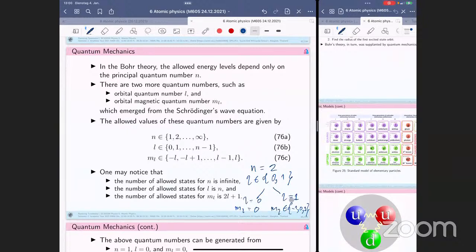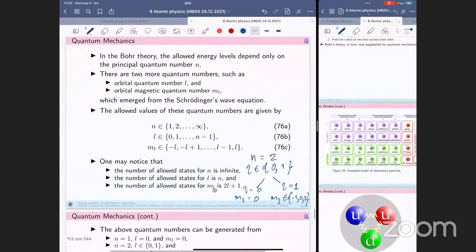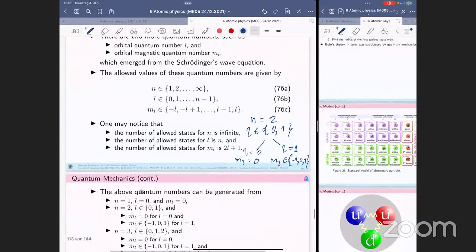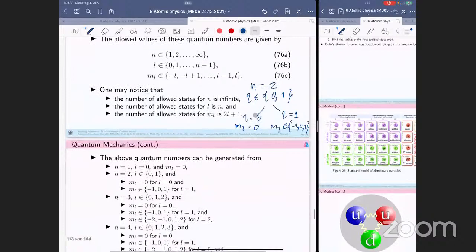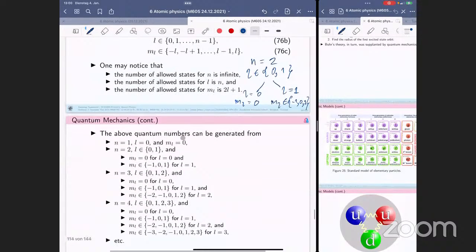But for L equal to 1, when you substitute L here, you have 2 times 1 plus 1, which equals 3. So you can see that there are 3 elements in this set. That's the meaning of this counting procedure.